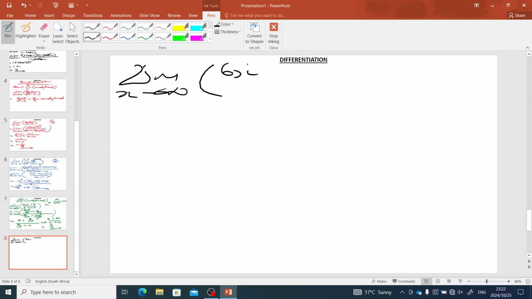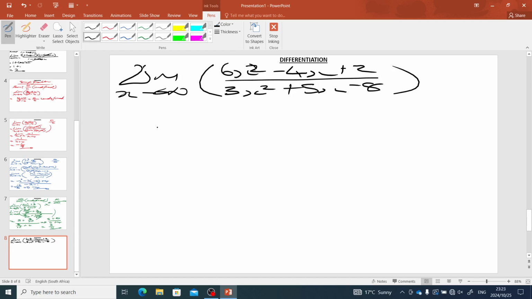We are given 6x squared minus 4x plus 2 divided by 3x squared plus 5x minus 8. Now it will be the limit as x approaches infinity, open bracket.